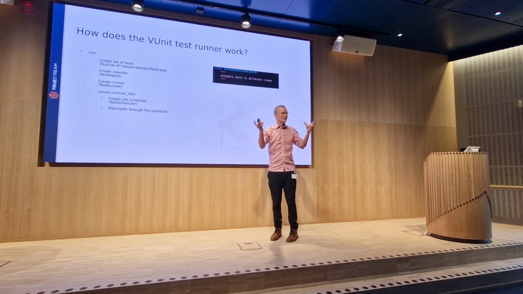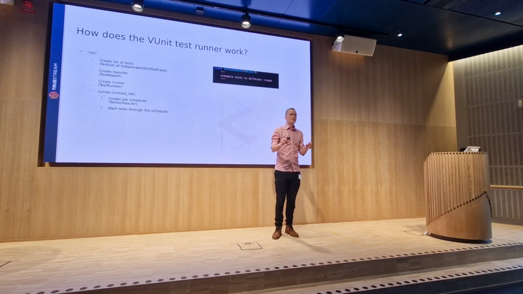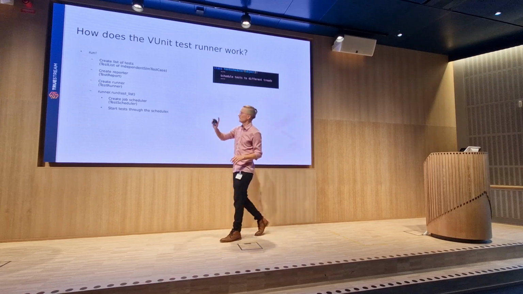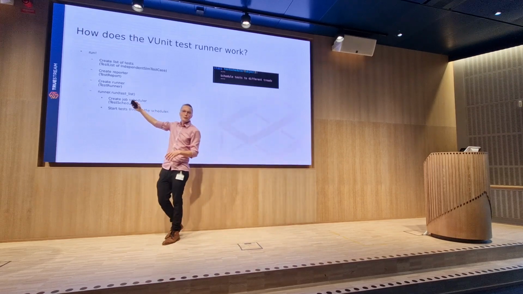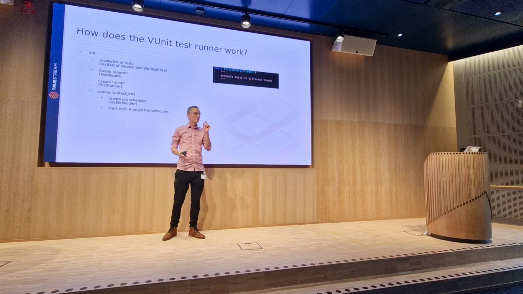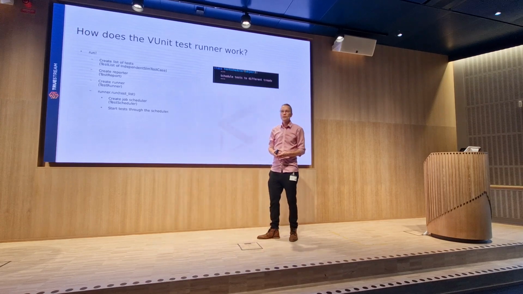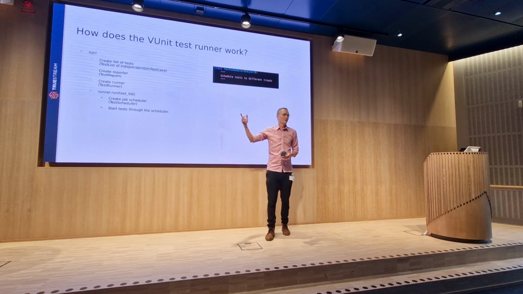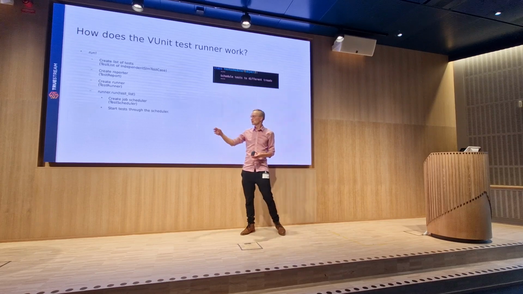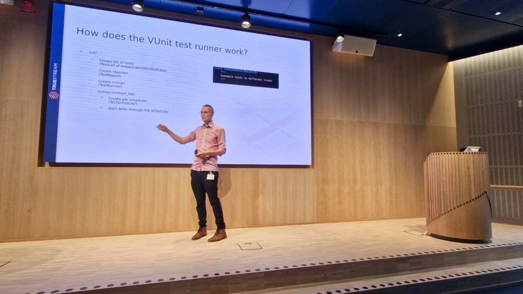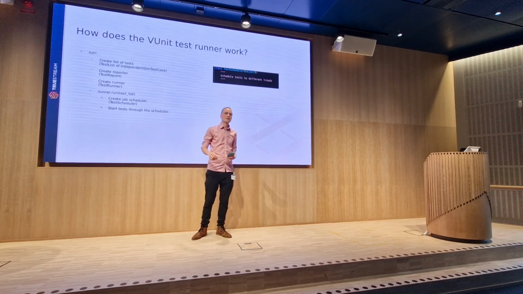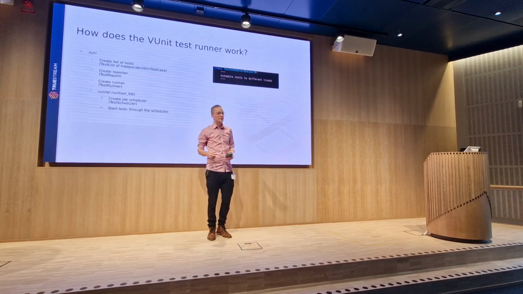So the runner is given the list of tests to make, and it starts. The first step is to create the scheduler, which is very much the saucy part that we wanted at the beginning. It handles threading, so if you gave VUnit 8 threads, it will make sure that all are always occupied with the test. If you hit Ctrl+C to abort the tests, it will clean up nicely.